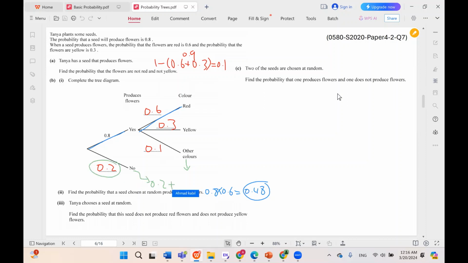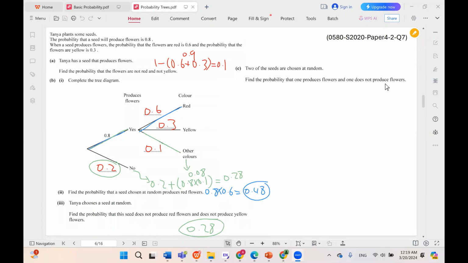Or we have the other path, which is that it produces something other than red and yellow. So this is 0.8 times 0.1, which is 0.08. And we add this to 0.2 and we get 0.28. So the final answer here is 0.28 as a probability.